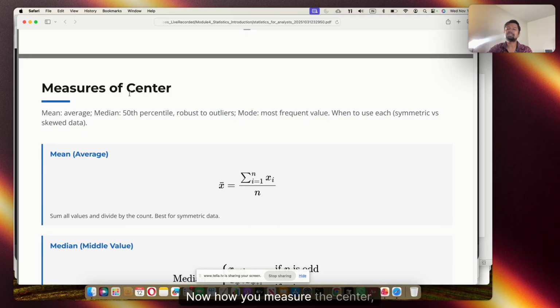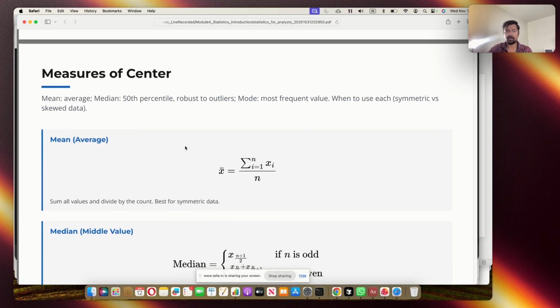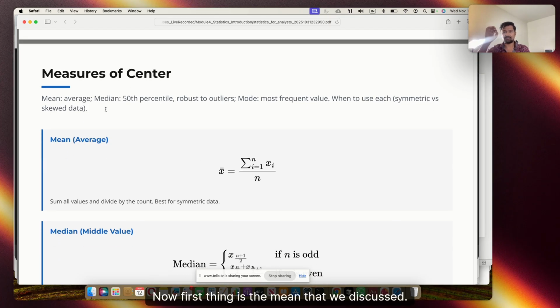Now, how do you measure the center? This is very, very important. First is the mean that we discussed. Whenever you are getting data, the mean is simply taking an average. The median is all about the 50th percentile, the data point which covers the 50th percentile of the complete data. So it will not always be in the center, depending on whether the data is skewed.